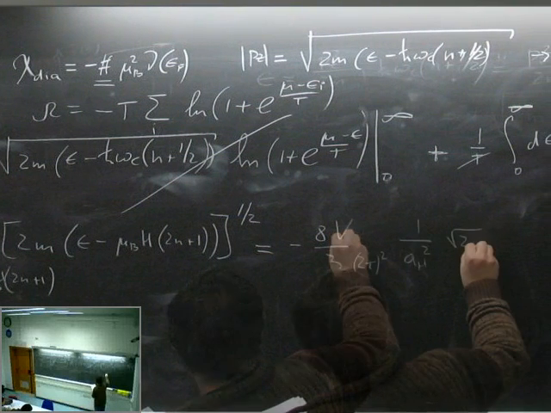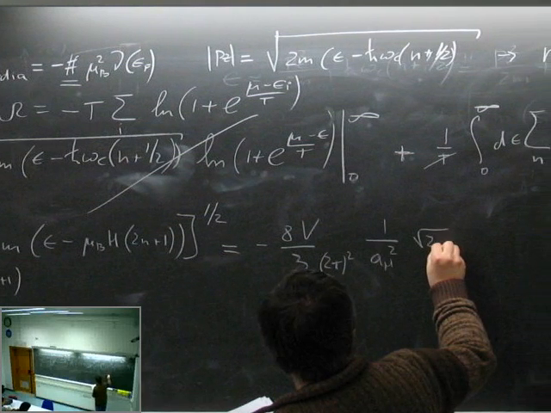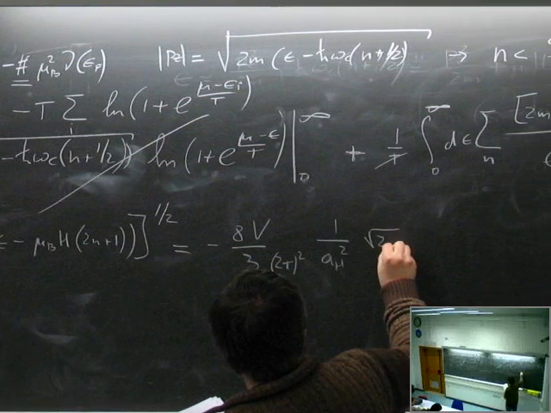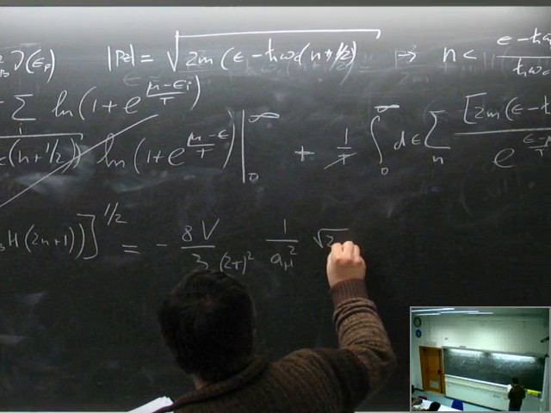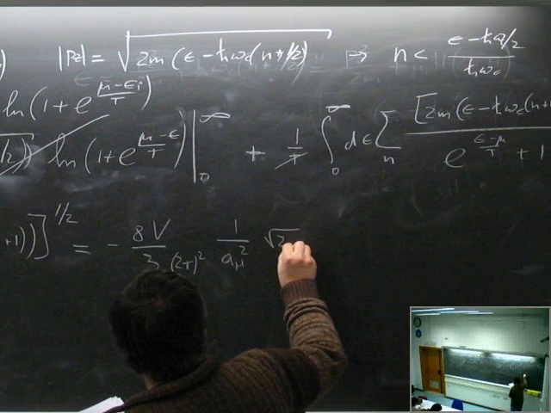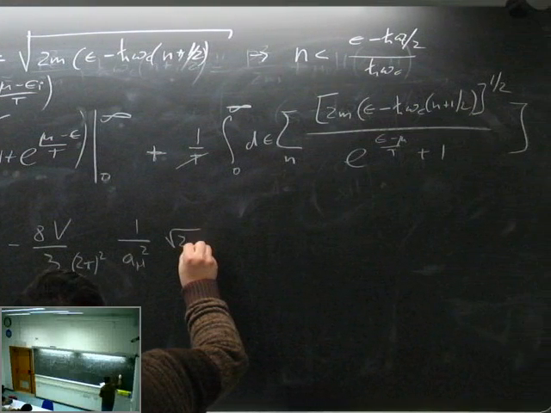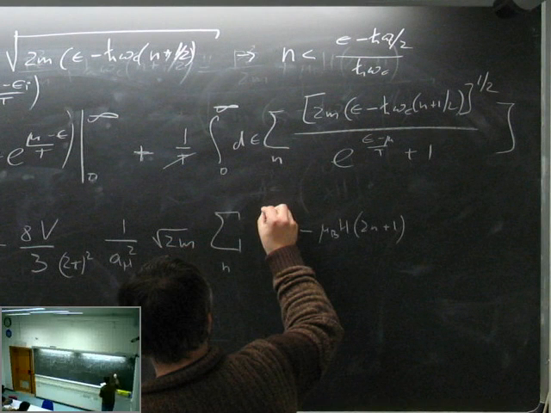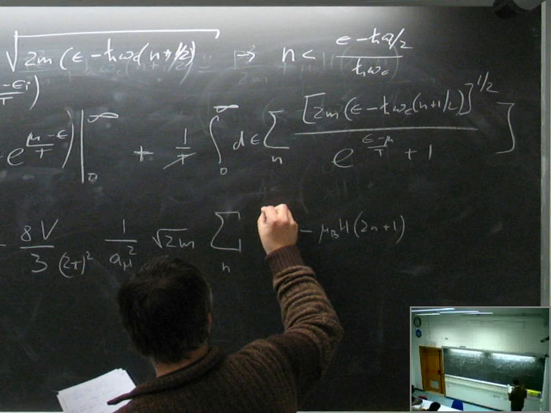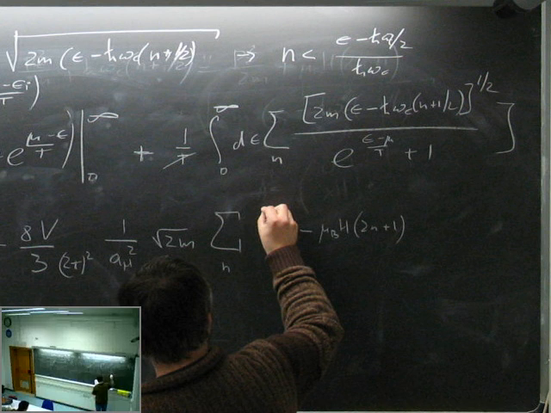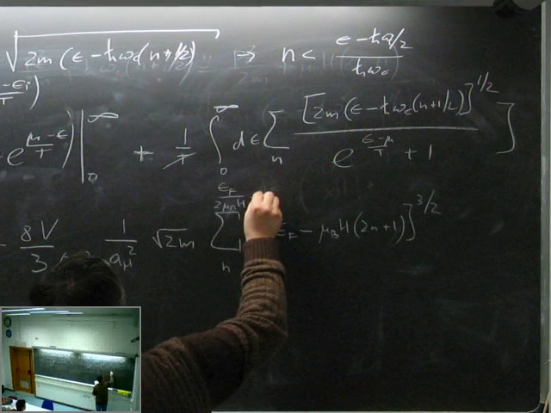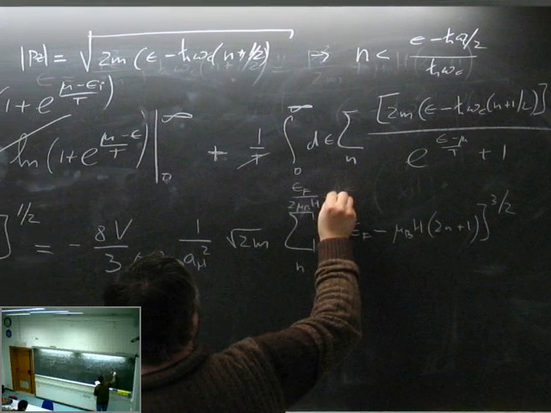The coefficient remains, and what is remaining here, it's sum over n. Fermi energy minus mu bar h to n plus 1 to the power 3/2, and n changes to Fermi energy over 2 mu bar h minus 1/2.